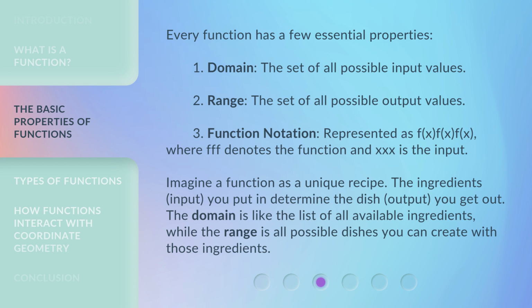Imagine a function as a unique recipe. The ingredients, input, you put in determine the dish, output, you get out. The domain is like the list of all available ingredients, while the range is all possible dishes you can create with those ingredients.